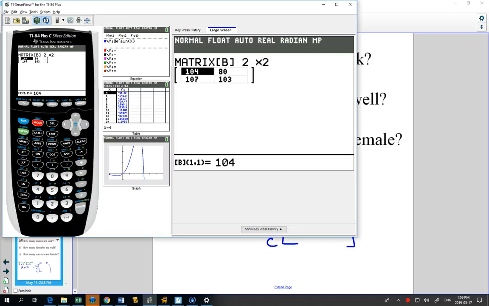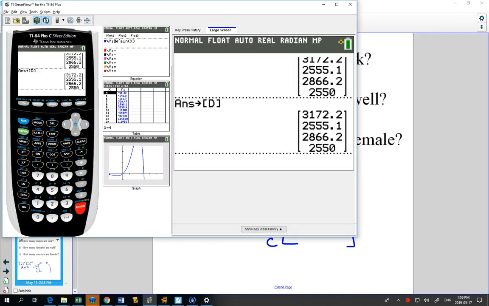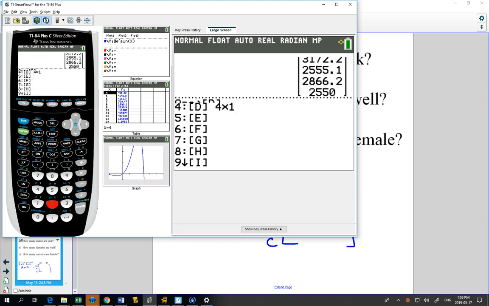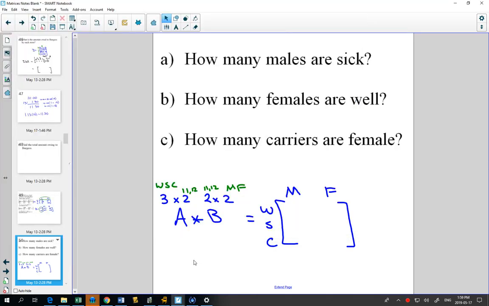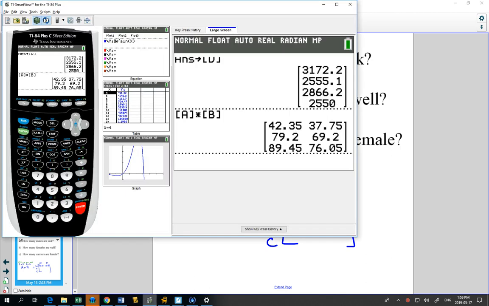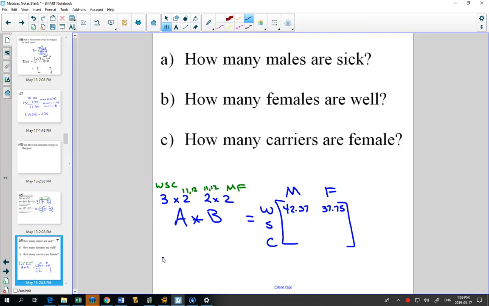So matrix A times matrix B. 42.35, 37.75. 79.2, 69.2. 89.45, 76.05.